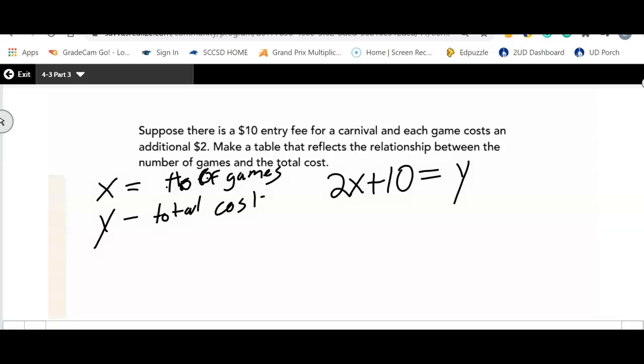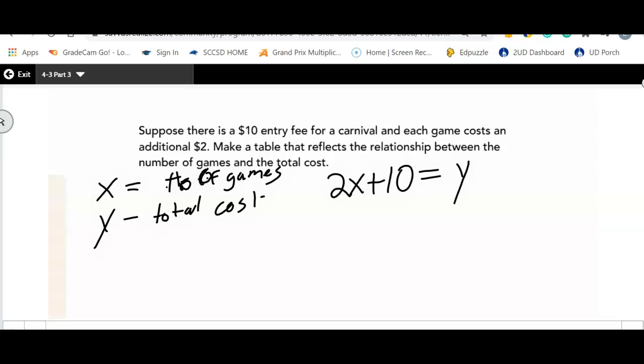Okay, why is it 2x? Maggie? Good. Each game costs $2. So $2 times the number of games that you play. If you play 0 games, how much do you pay for games? $0. If you play 5 games, how much do you pay for games? $10. Right?